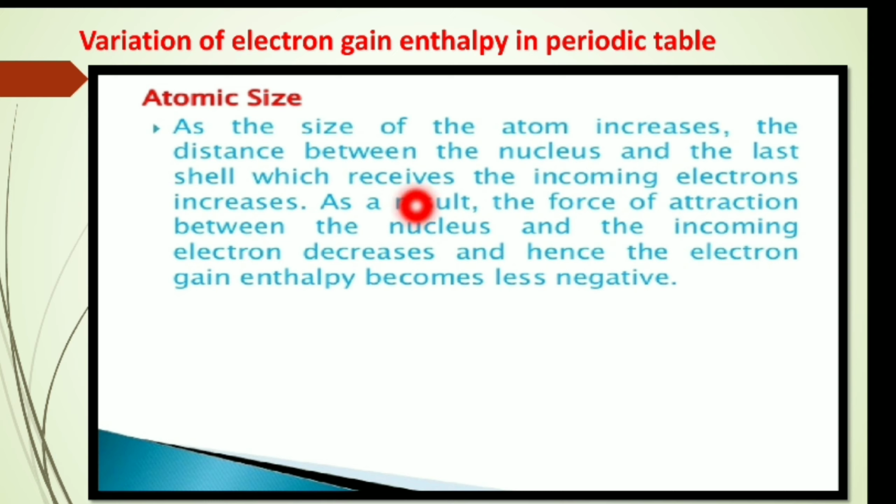As a result, the force of attraction between the nucleus and the incoming electron in the outermost shell decreases, and hence the electron gain enthalpy becomes less negative, or it decreases, from top to bottom.